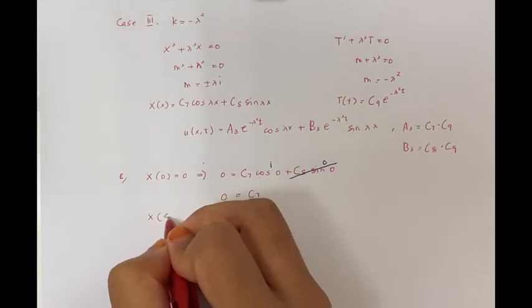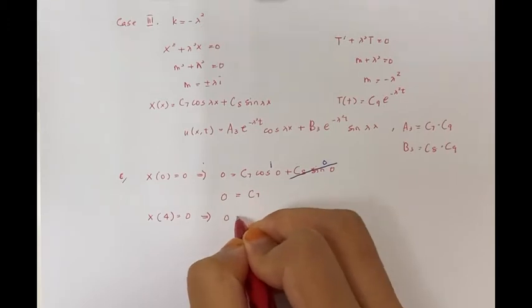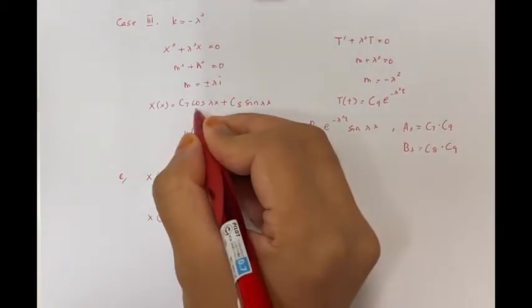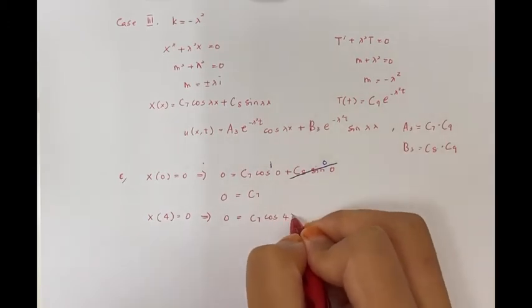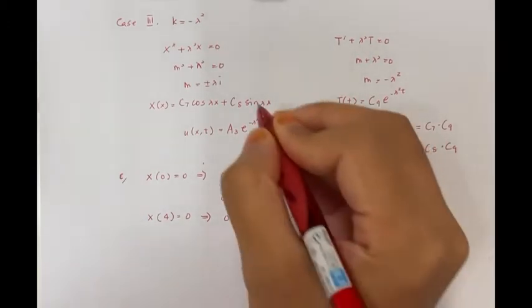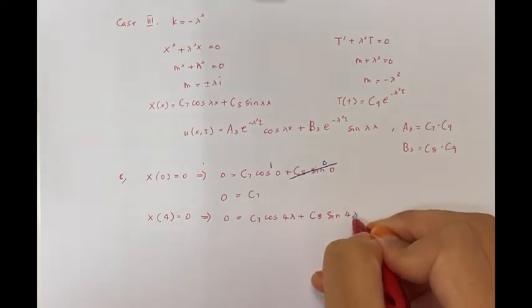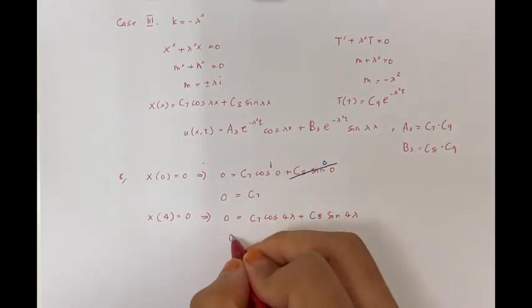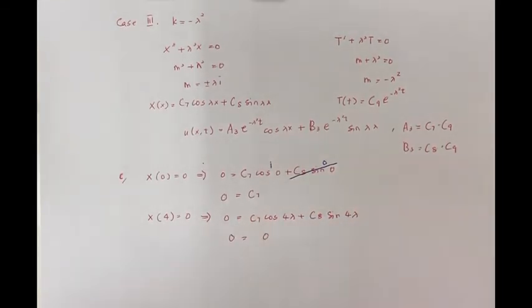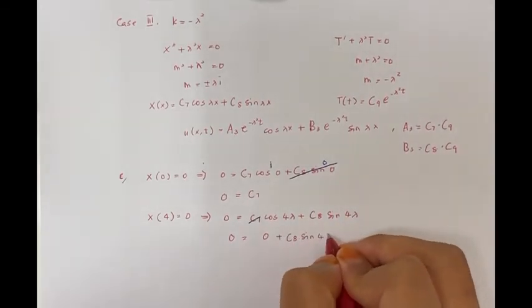Since c7 equal to 0, continue with the second boundary condition, X(4) equal to 0. So 0 is equal to c7 cos 4 lambda plus c8 sin 4 lambda. And c7 here is equal to 0, so 0 equal to 0 plus c8 sin 4 lambda.